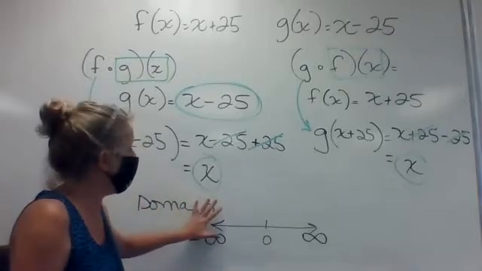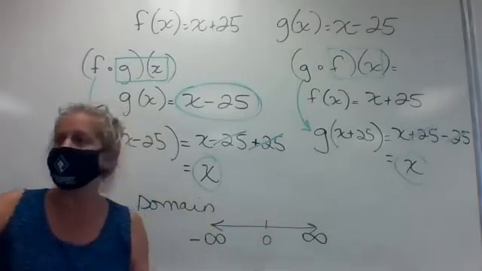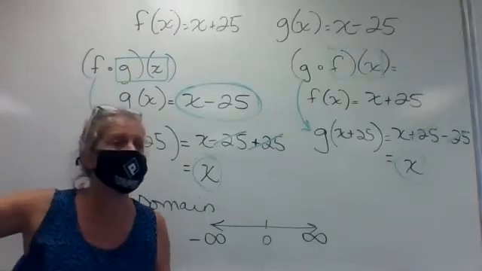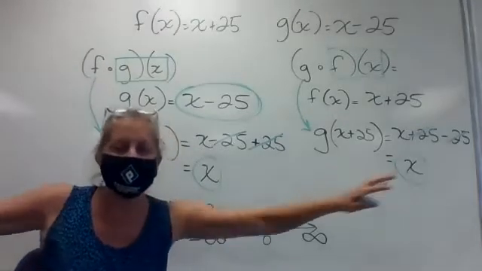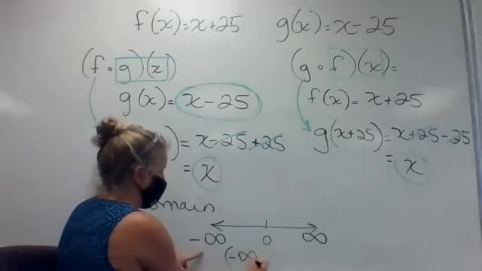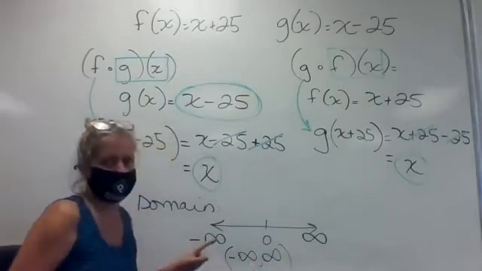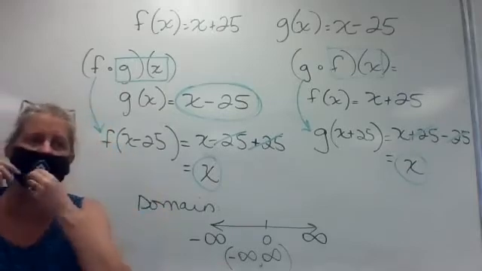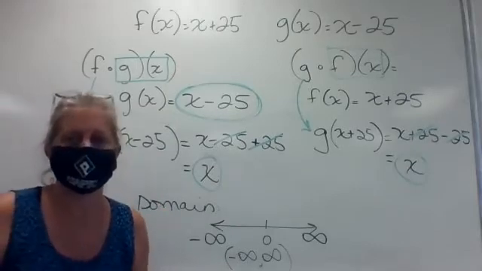When I'm talking about all the real numbers on the number line, I'm talking about every single number, all the way from the left side to the right side, which means from negative infinity to positive infinity is written like that. Infinities always have parentheses around them. They don't ever have brackets around them.